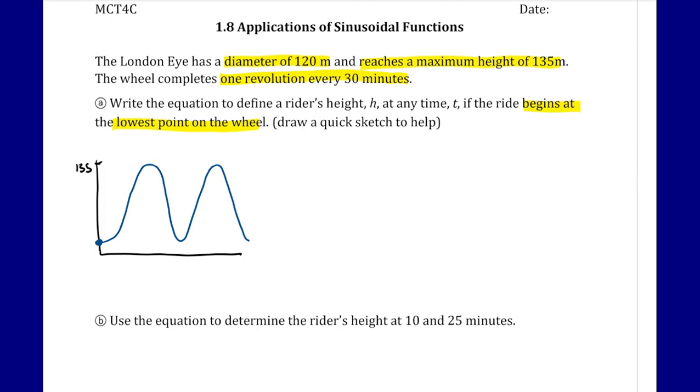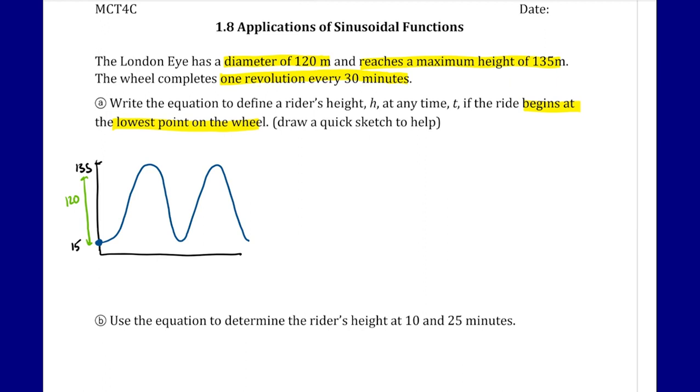We can also figure out the height at the bottom because the diameter of the wheel is 120. If I subtract 120, I get 15, which should be the height at the lowest point. So at the lowest point on our Ferris wheel, we are 15 meters above the ground.